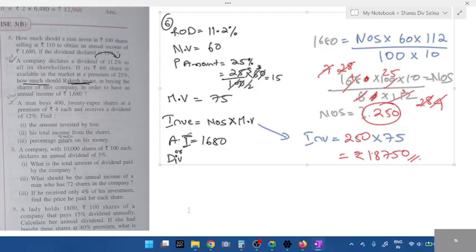All of you will complete it. I'll discuss now. See, those who have done it, check the answer in the textbook.